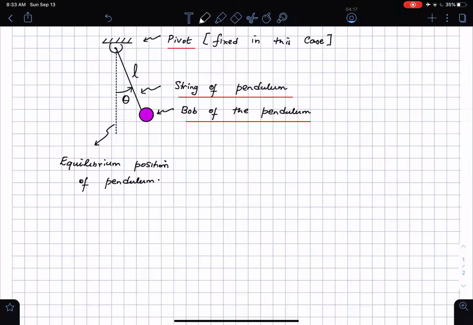Okay, so here are some of the assumptions in this problem. First thing, no external forces other than gravity.